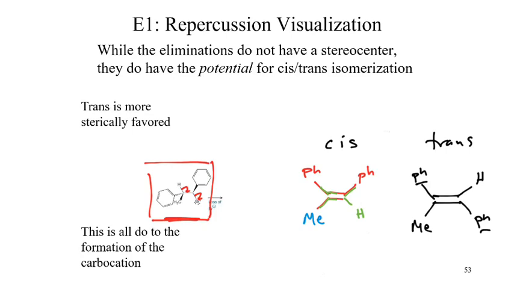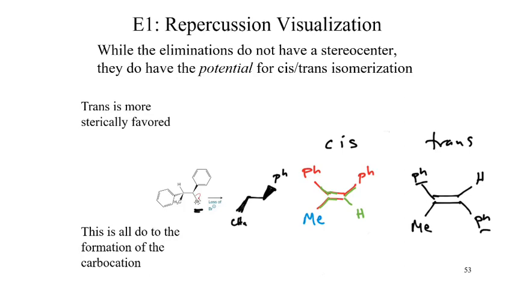Okay, the first thing we need to address is why are both possible? And that's going to come back to our mechanism. So as our drawing is already trying to show, the first step is the removal of that leaving group. So the leaving group leaves, and we would have our Ph. And if we were just being really overzealous and not changing anything, we could show that as a wedge.